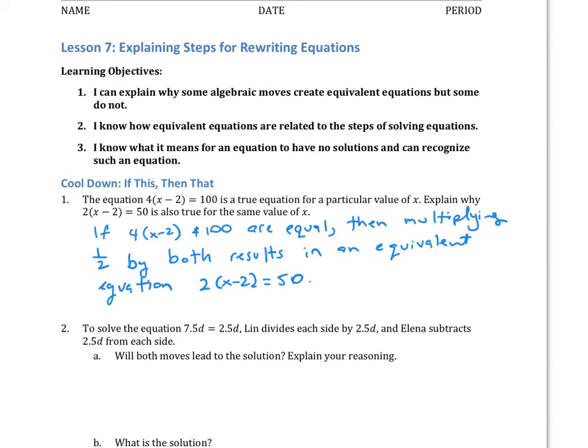You could have also said divided by 2 if you chose to go that route. Just remember that in this case, both multiplying by 1/2 and dividing by 2 are in the acceptable move list.